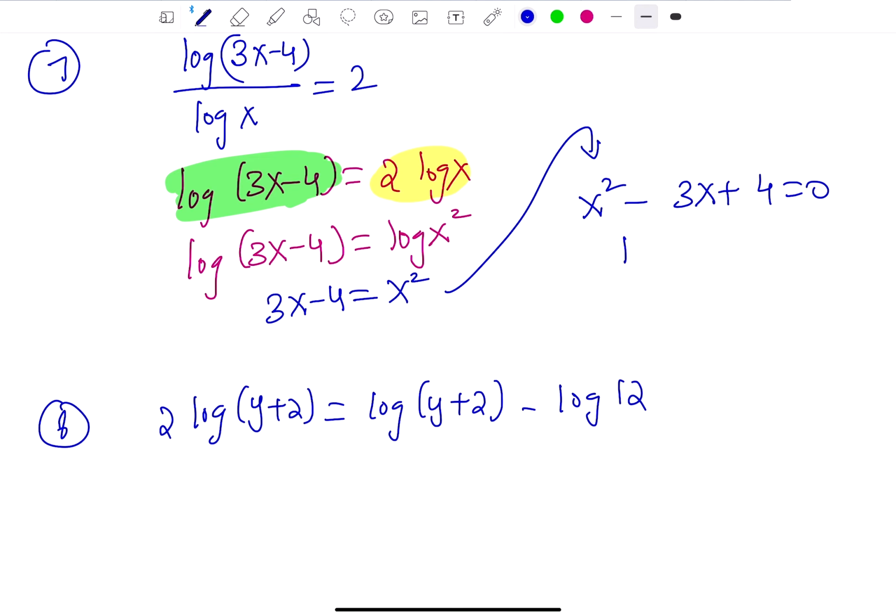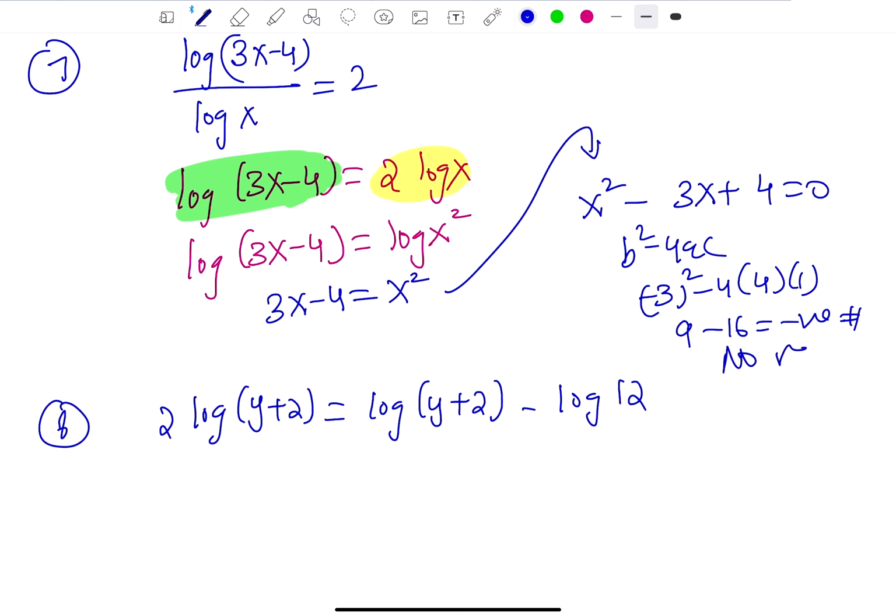I'm going to quickly think about b squared minus 4ac, which is negative 3 squared minus 4 times 1 times 4, 9 minus 16, a negative number. So there's no real solution for this problem. Even if I use the quadratic formula, I'm going to have imaginary solutions with i's. There's no real solution, and we'll just stop at no solution.